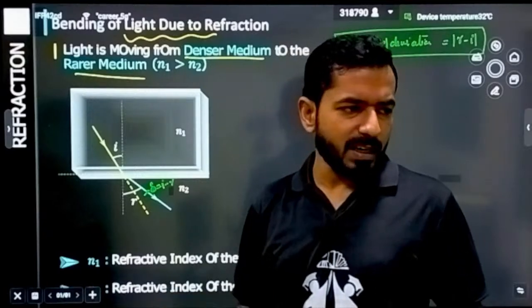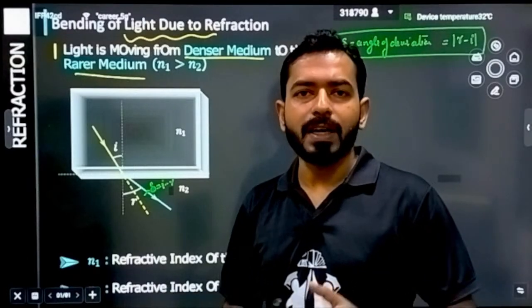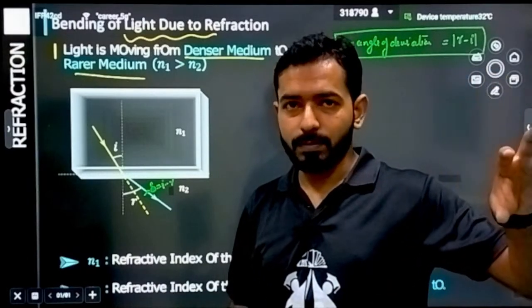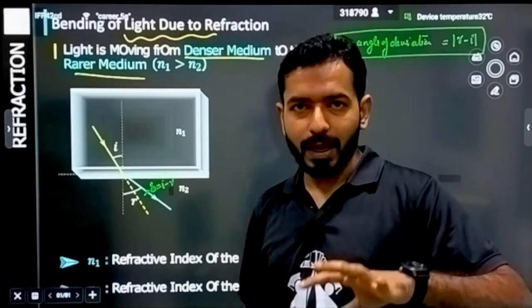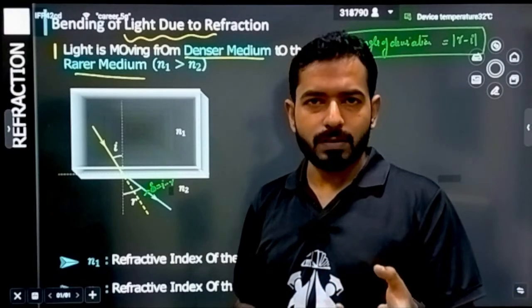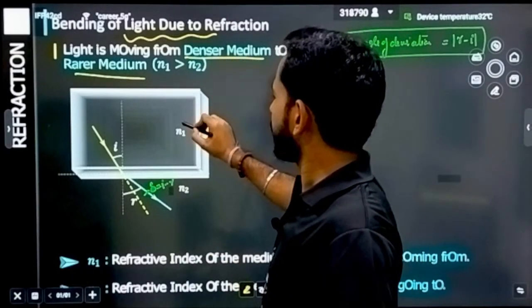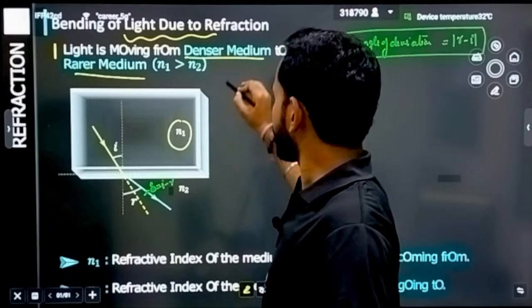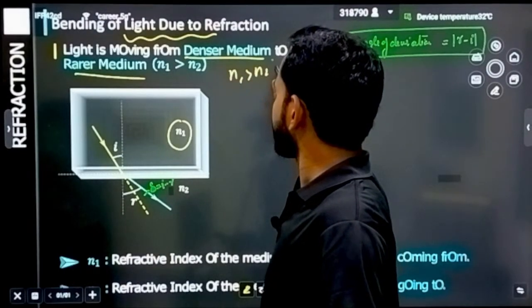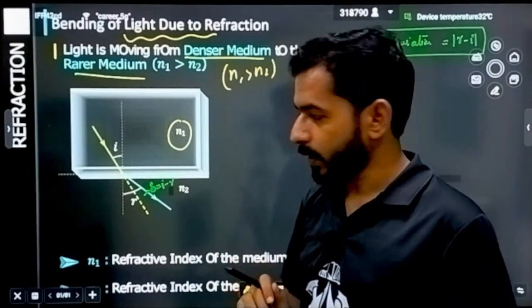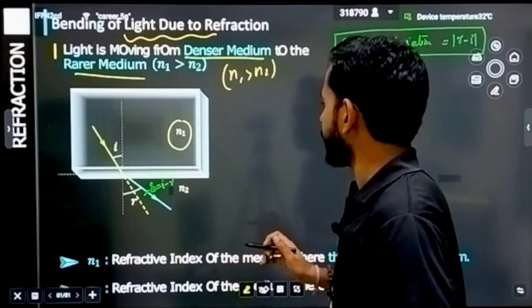You are clear now about denser and rarer medium. Denser medium means a dense medium like water as compared to air, and for a rarer medium the N value will be lesser. That means denser to rarer, so N1 is going to be greater than N2. This is clear. Okay.